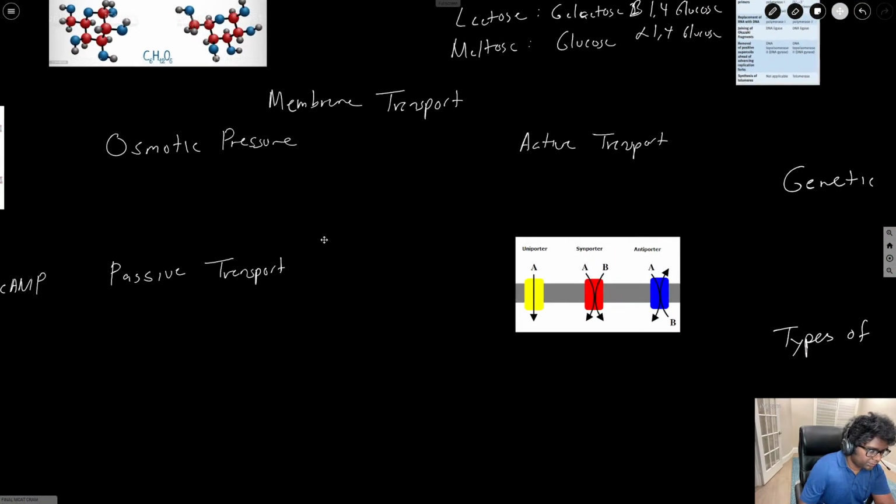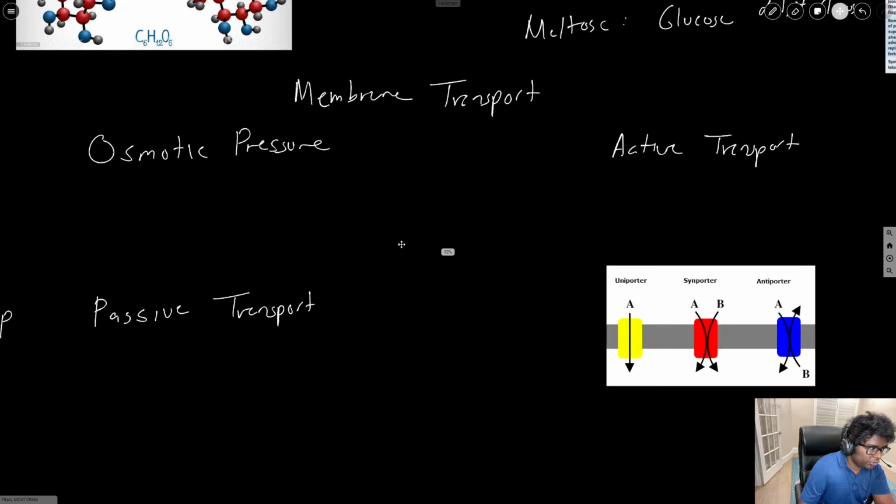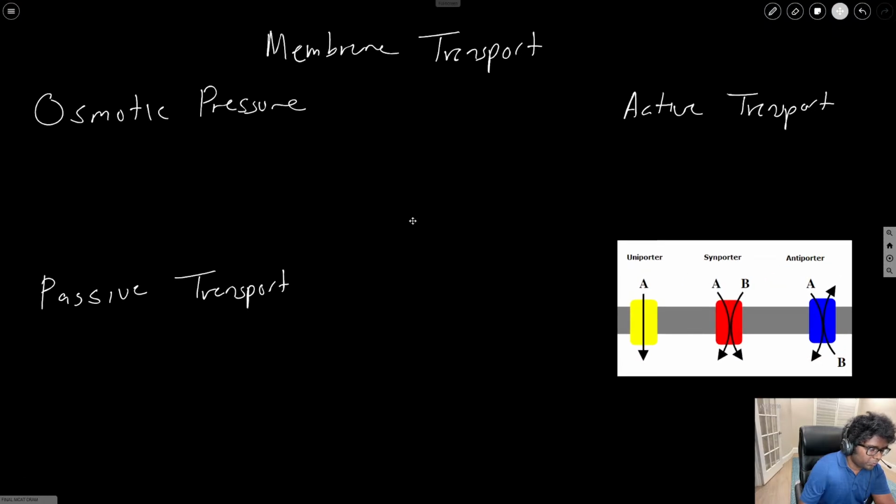We're moving on to another shorter unit, membrane transport. So let's start off with a refresher on osmotic pressure. The van 't Hoff factor, i, is the number of particles present when a compound dissociates. Glucose, for example, will always have an i of 1 because it's not going to dissociate into anything.